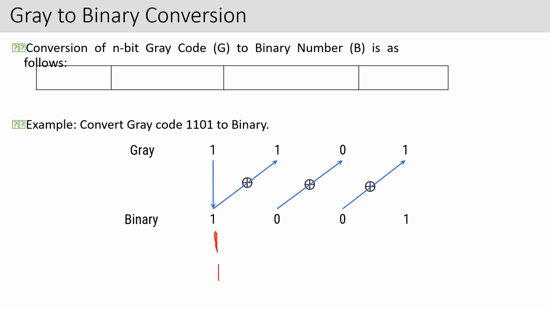Then what we do? 1 plus, operate it, exclusive OR operation. This symbol is exclusive OR. 1 0 gives what? 1. Then 0 0 gives me 0, and 0 1 gives me 1.